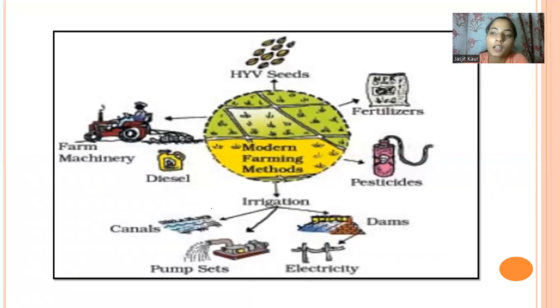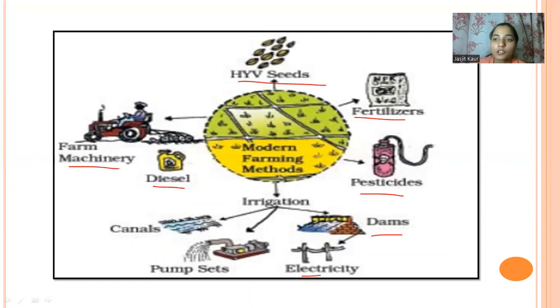Yes, just like village Palampur, very good student. You have mentioned good points. By adopting modern farming methods, like using HYV seeds, fertilizers, pesticides, pump sets, electricity, canals, diesel and good machinery, farmers in our areas are also able to increase production. When production increases, they can sell it in the markets and earn good money, and there is development in the agriculture sector.